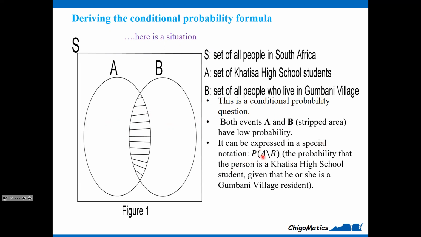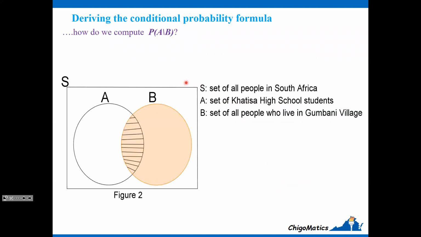That is the probability of A given B. That is the probability that the person is a Katisa High School student, represented by A, given that he or she is a Gumbani village resident, represented by B. So that's the special notation to represent the situation we are dealing with. So how do we compute this probability?